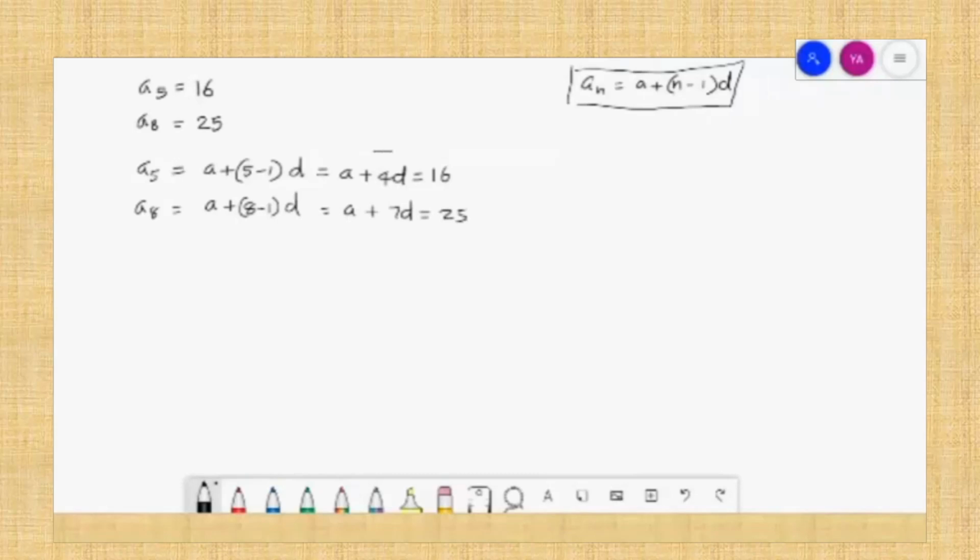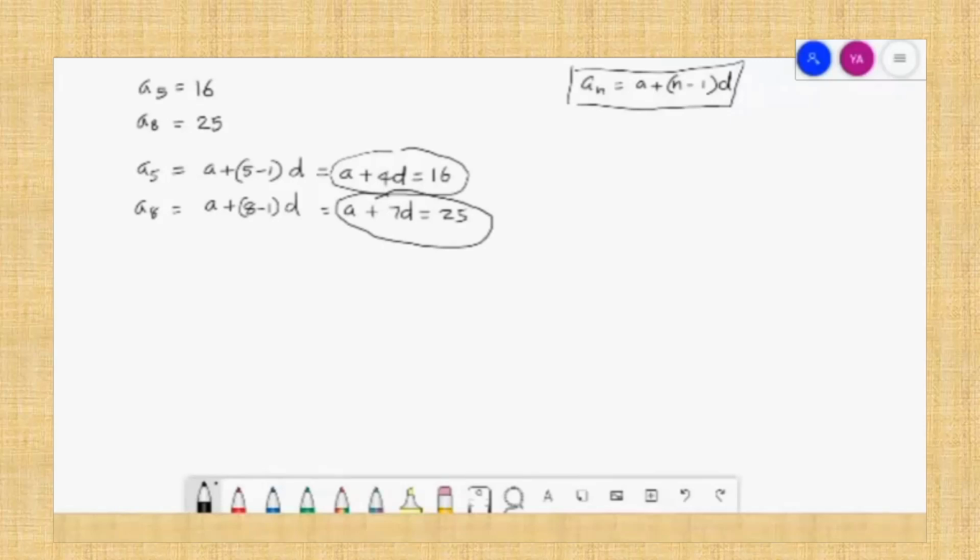Here you can see a pair of equations. In these two equations there are two variables, a and d. The variables have power 1, not square. There is no a square and no d square.